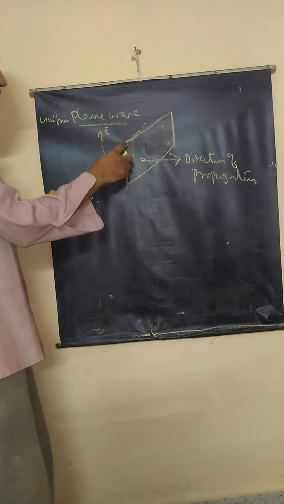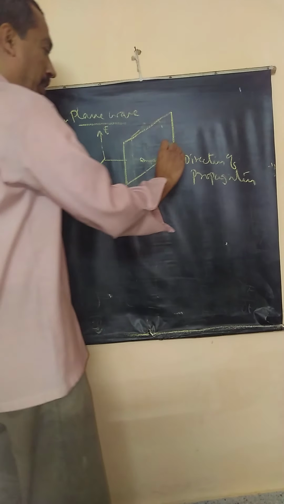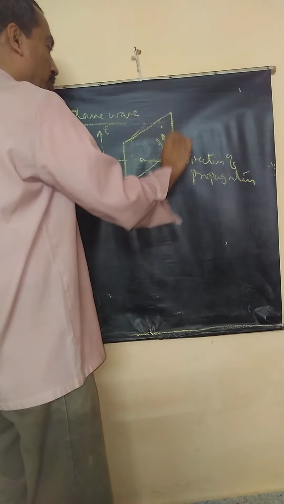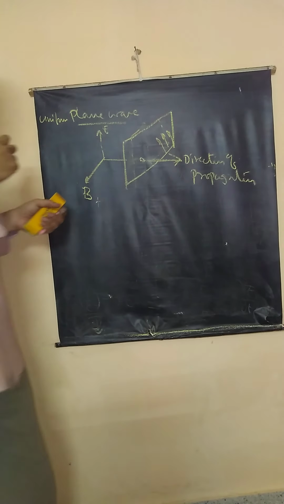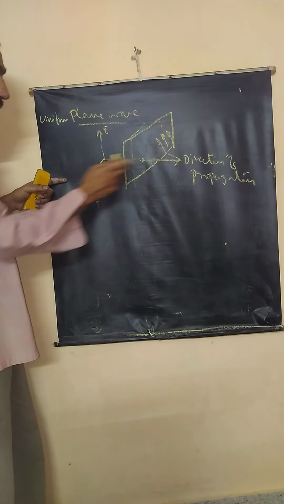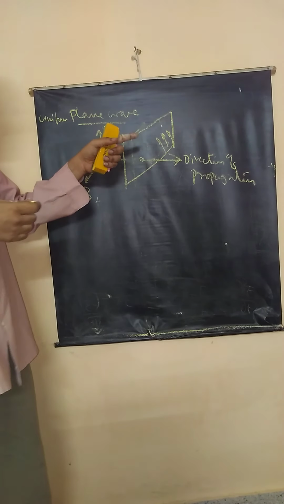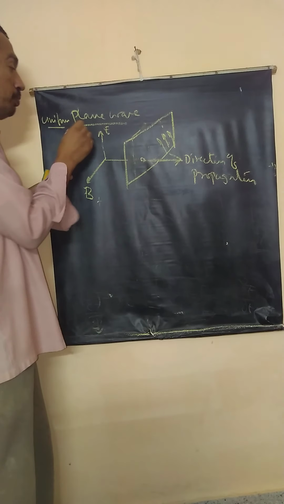Okay, this is a plane perpendicular to the direction of propagation, correct? Now along this plane E remains uniform, magnitude and direction will not change. Such a wave is said to be a uniform plane wave. Suppose we imagine a plane perpendicular to the direction of propagation, the magnetic field also will remain uniform. Electric and magnetic fields remain uniform in a plane perpendicular to the direction of propagation. Such waves are said to be uniform waves.